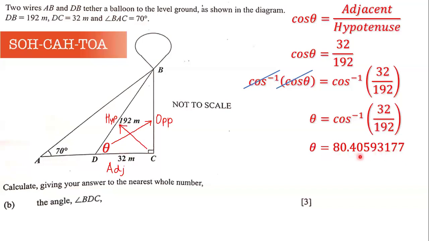And we want to calculate our answer to the nearest whole number. So theta is equal to 80 degrees, because this is 4. Since it's less than 5, we cannot round up, so it's just going to be 80 degrees. And so that means that angle BDC is equal to 80 degrees, and that's our answer to this question.